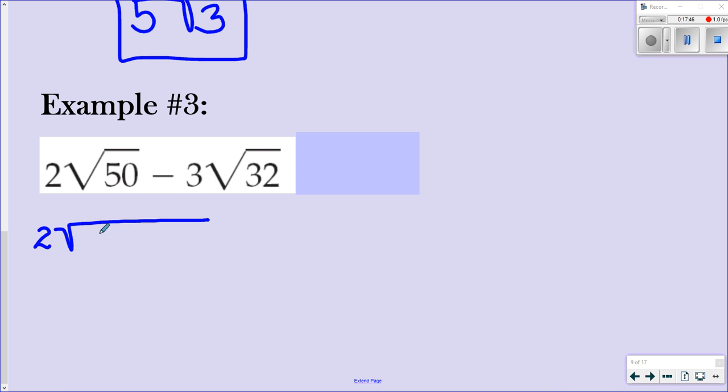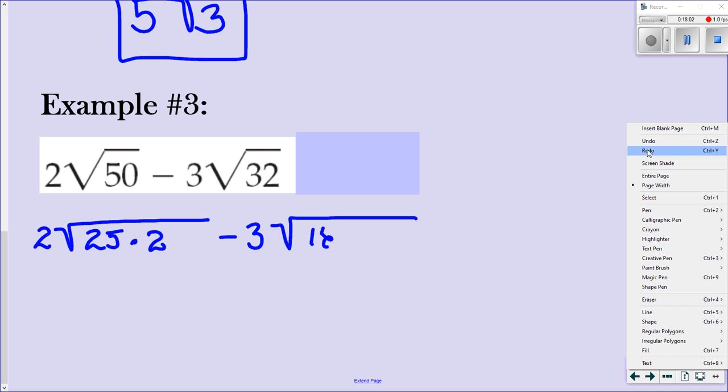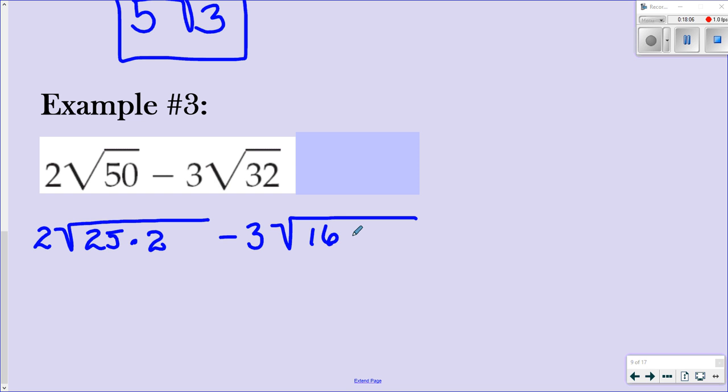We got 25 and 2. And then for this one, bring down the 3 and find 2 numbers for 32. See a perfect square. We got 16, and then we got 2.